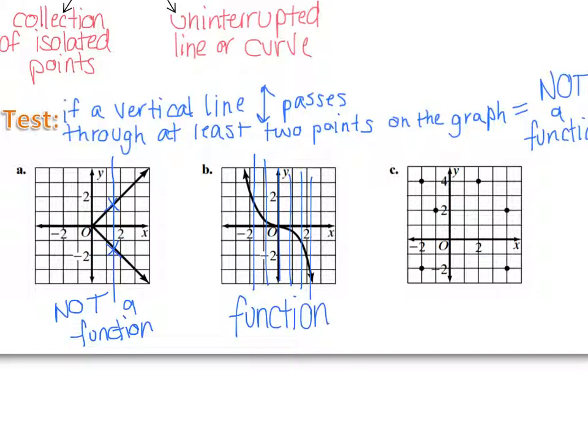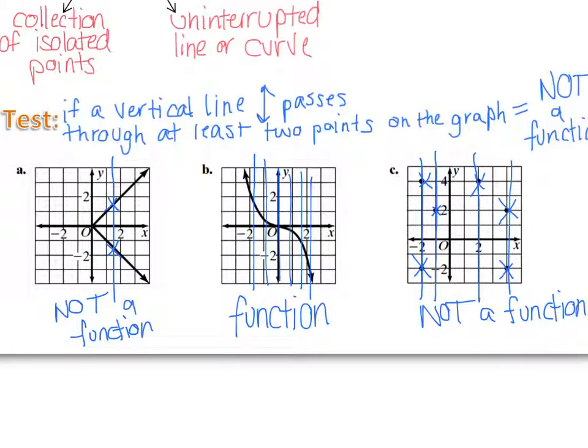Now C, is this one discrete or continuous? That one's discrete. It's just points. They're isolated. If I start there, it only hit once, that's okay. There, it only hit once, but right there it hits twice. So, yes or no? No, not a function.